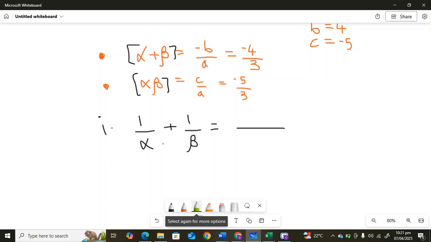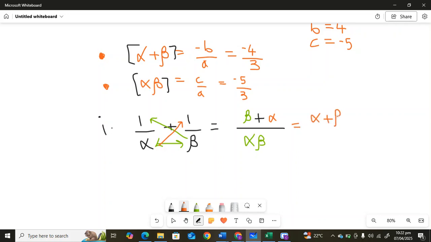Multiply the denominators, alpha times beta, that is alpha beta. Beta times 1 is beta, plus alpha times 1, which is alpha. You can rearrange it as alpha plus beta over alpha beta.